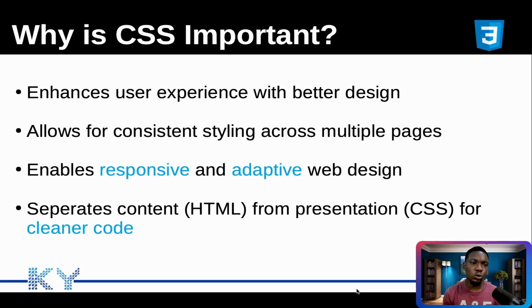Then CSS also enables responsive and adaptive design. When I say responsive, I'm talking about mobile. Basically, for different screens, we have mobile screens, tablet screens, laptop screens, desktop screens. So CSS is a very important key that helps us to make sure our website is well displayed across multiple screens.